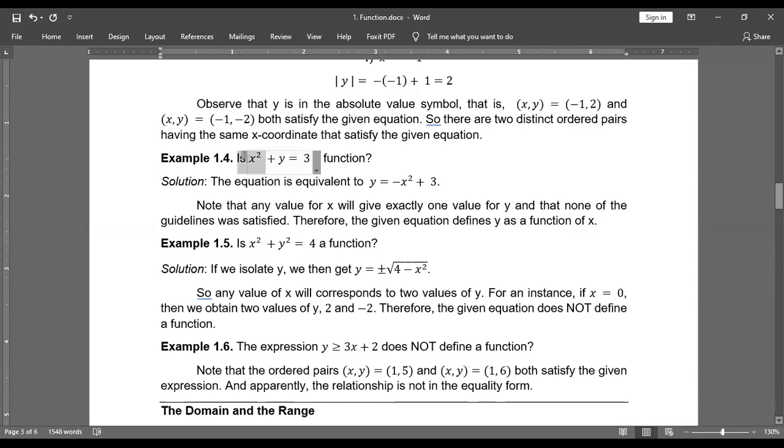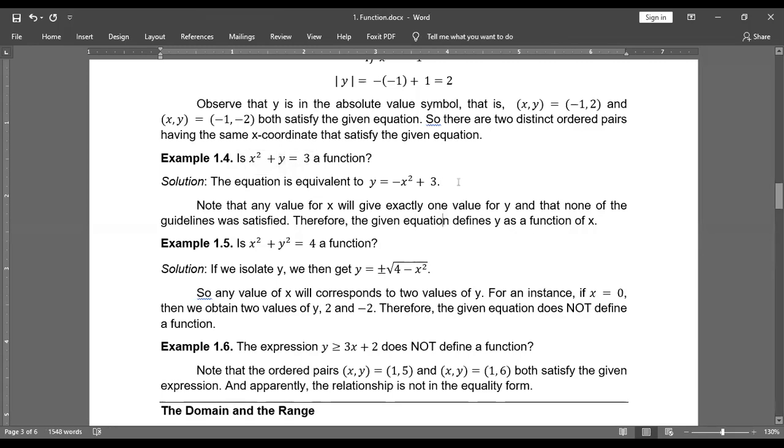Although we have here x squared, our reference is y. So note that any value for x will give exactly one value for y, and that none of the guidelines was satisfied. Therefore, the given equation defines y as a function of x.